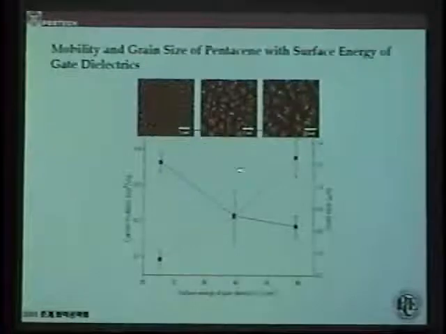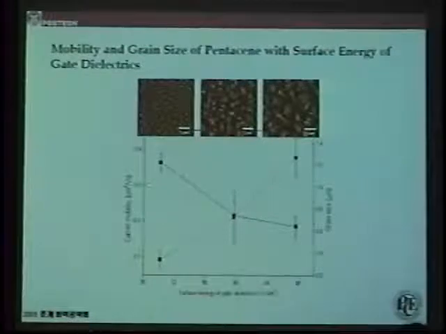This shows again that by decreasing the surface energy, we have a decreased grain size, but we have improved mobility, from here to here, so about 0.2 to 0.4 in this case.